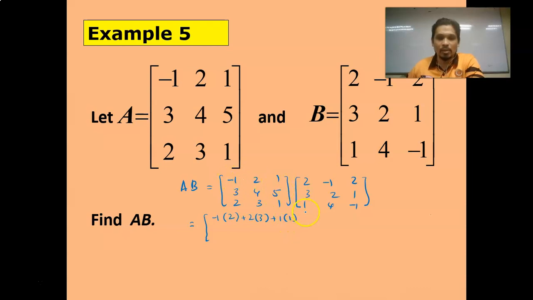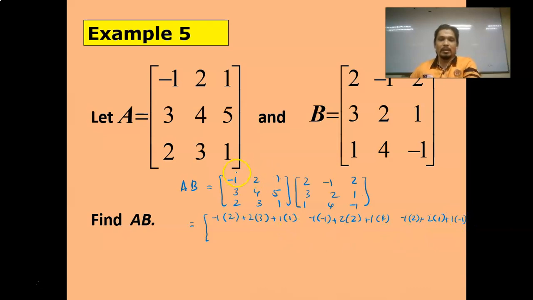Then negative 1 times negative 1 plus 2 times 2 plus 1 times 4. Then row 1 with column 3: negative 1 times 2 plus 2 times 1 plus 1 times negative 1.